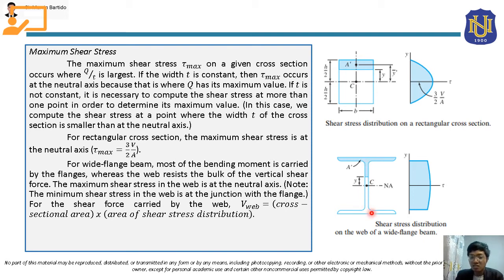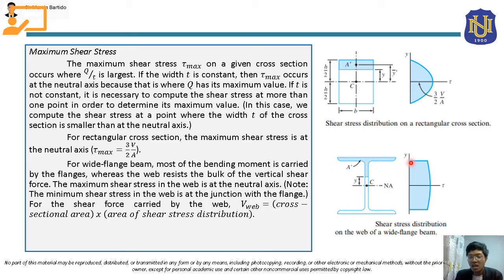Okay, ngayon, class, yung stress distribution dito sa web. Dito sa junction niya, yung junction ng flange at saka ng web, i-compute natin yung shear stress dito, class. Sa madaling sabi, yung area na mako-consider dyan is yung flange din. But anyway, we can compute that.